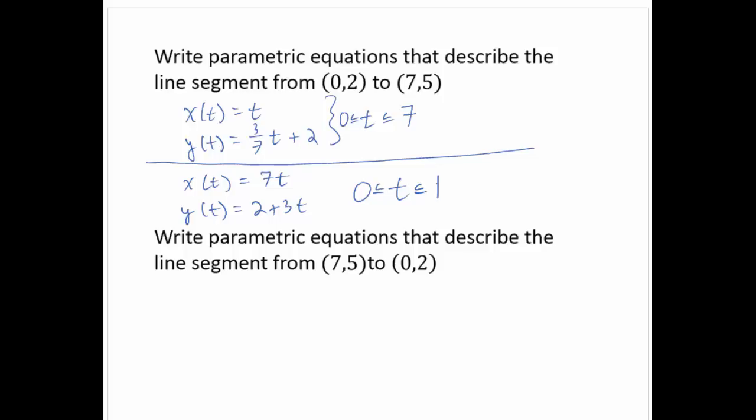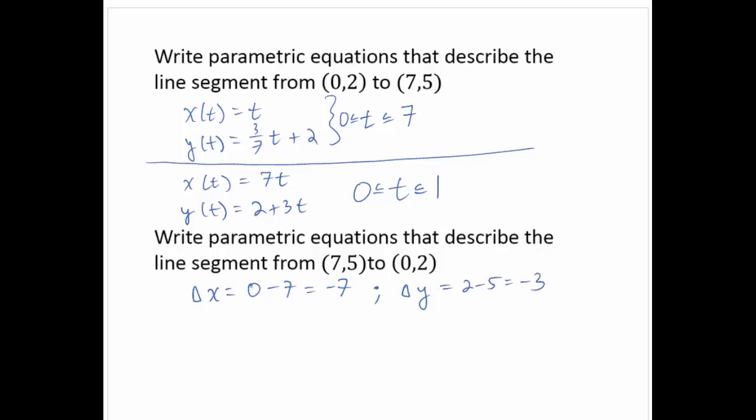What if we took the line segment and reversed it? Right, so notice we're changing the direction here. Well, to change the direction, notice that now the delta x would be 0 minus 7, which is negative 7, and the delta y would be 2 minus 5, which is negative 3.